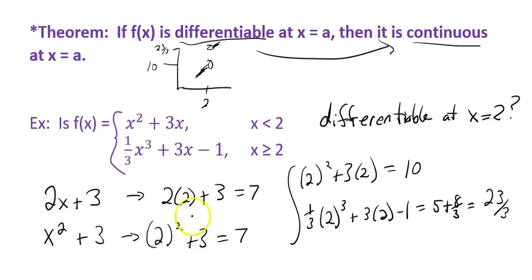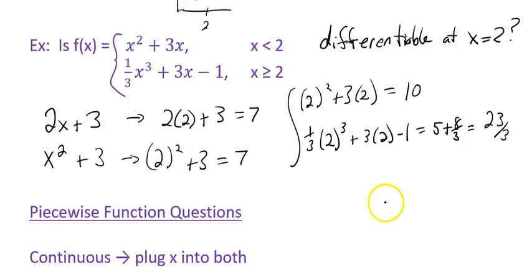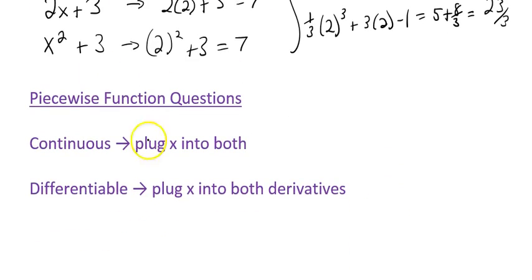So the lesson to be learned here is, first, check and see if something is continuous. Because if it has a jump or a vertical asymptote or a hole, it's not going to be differentiable there. So don't just always jump into taking the derivatives and plugging in. Check the continuity first. For piecewise functions, if we're checking if it's continuous, you want to plug x into both equations. If you're checking if it's differentiable, you want to plug x into both derivatives.